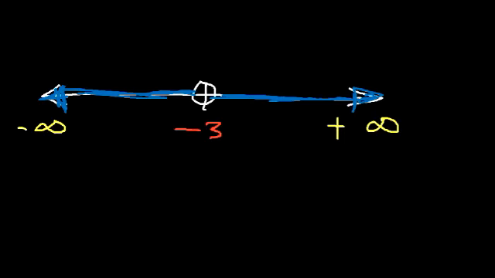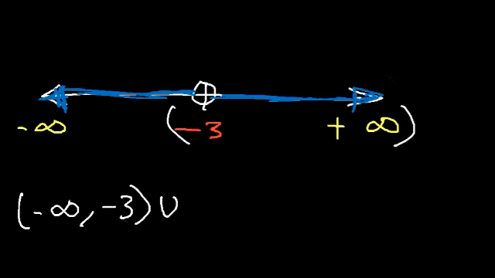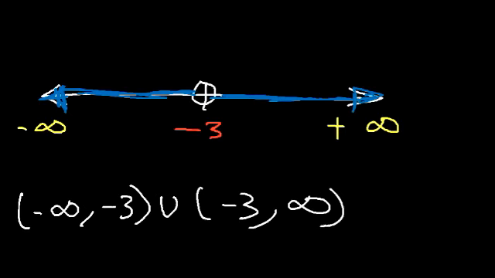So to represent the solution for the left side, it's going to be negative infinity to negative 3, which we can write like this. Now negative 3 is not included, so we need to use a parentheses instead of a bracket. And then union, for the right side, it's negative 3 to infinity. And so that's how you can write the answer using interval notation. So that is the domain for the composite function f of g of x.